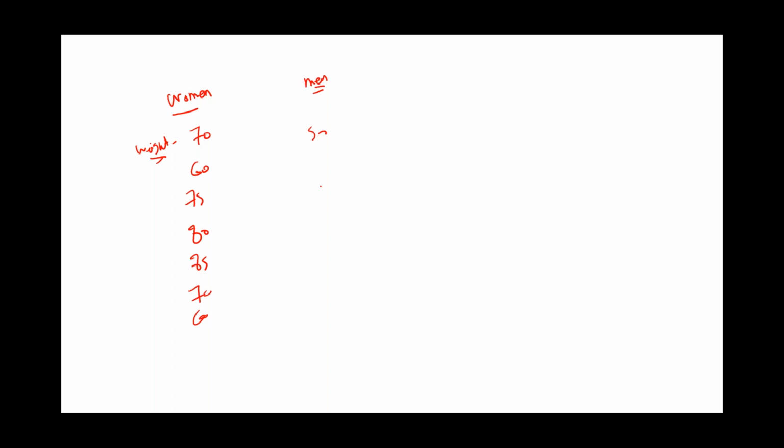For men like this, and so on to the end. I got here the mean and the mean. So I'll be comparing the mean to the mean using either the t-test or the Mann-Whitney test, if they're normally distributed or not. That's one condition.